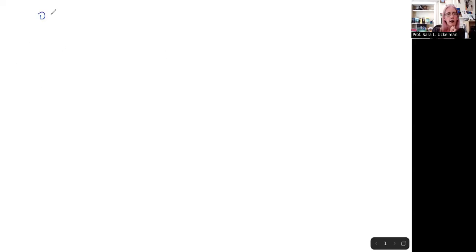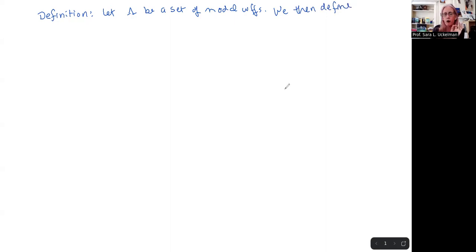So we have, as I said, one very easy definition. Let lambda be a set of modal well-formed formulas. It is generally going to be a maximal consistent set, but the definition is much more universal than just canonical models, so we'll define this for any set of modal well-formed formulas. We will then define a new set, and unfortunately, it's got beautiful notation, but is really ugly to read out loud.